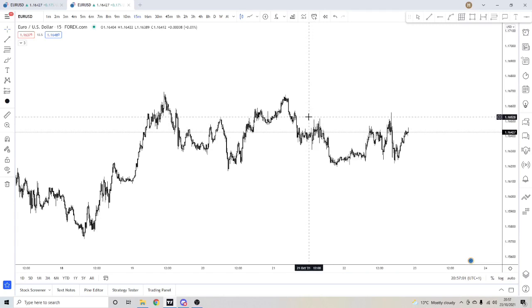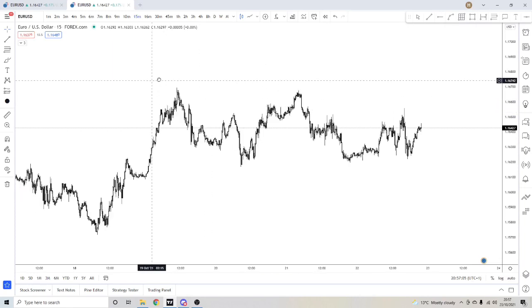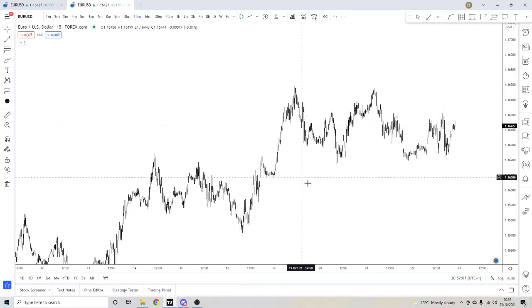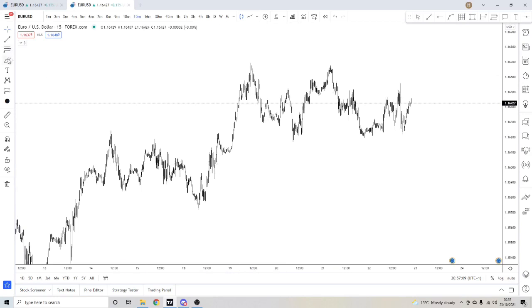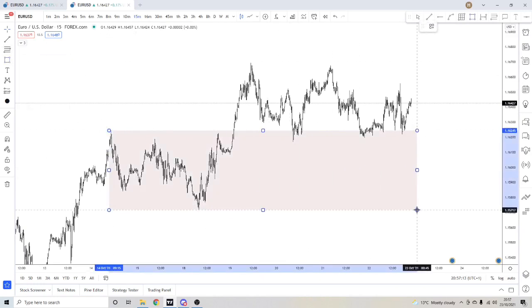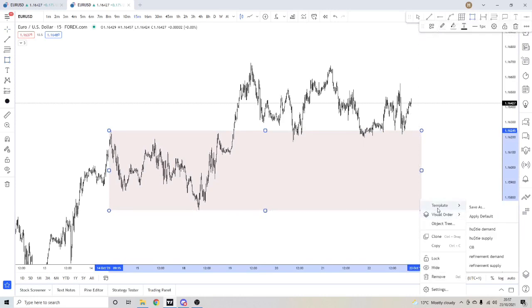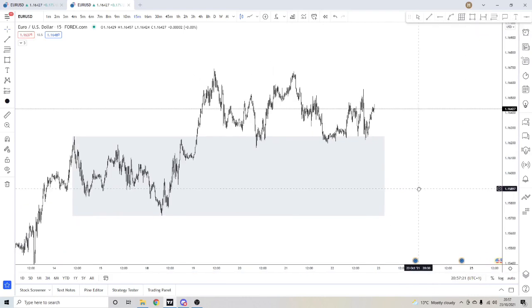Essentially, it's just accumulation and distribution. So, if we zoom out like this, again, we can see we have this whole range here, very similar to what we was just looking at a minute ago.